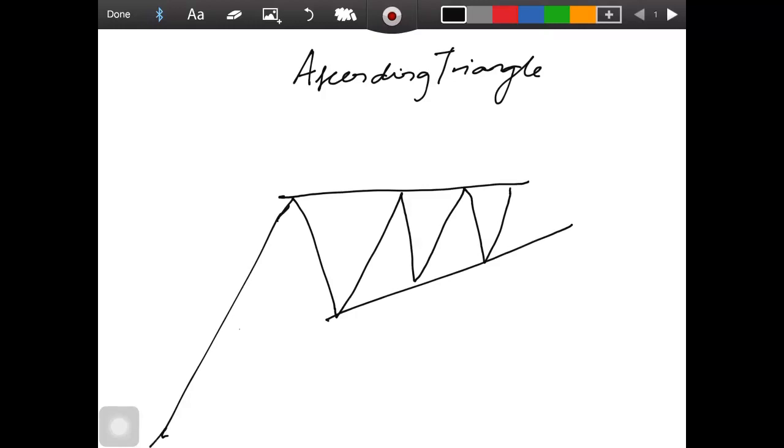Once you see this forming, you are forming a triangle, and it is ascending. That's why it's called an ascending triangle. Ideally it is a continuation pattern, giving you the hint that once the price breaks above that resistance, there's going to be a big move to the upside. So you're buying above there, your stop loss is below, and you take profit 2 times, 3 times, 4 times your stop loss.